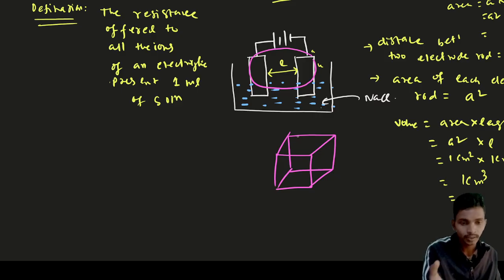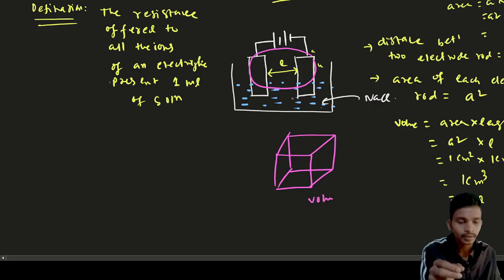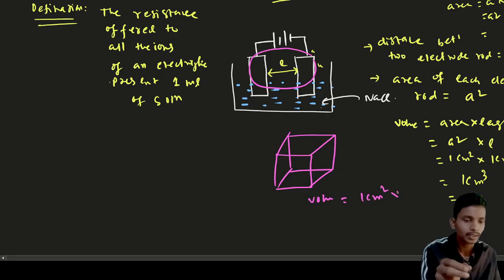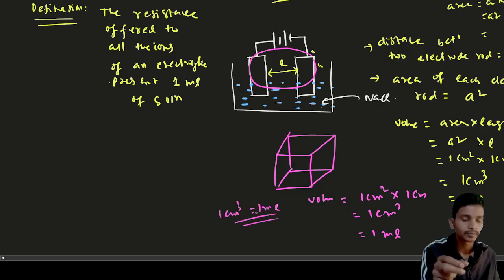What is the volume of this? That will become 1 centimeter cube, because the area is 1 centimeter square and the length is 1 centimeter. Then I take it as 1 milliliter, because 1 centimeter cube equals 1 milliliter.